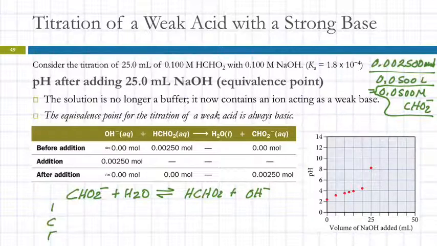So we can make an ice table here. My initial concentration, I do need to use molarities here, is 0.0500 molar, and I'm saying that the hydroxide is approximately 0. And then this is going to act as a conjugate base and reform some of the acid, producing hydroxide.